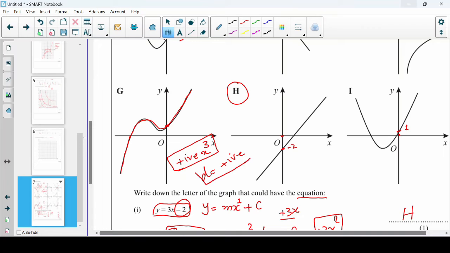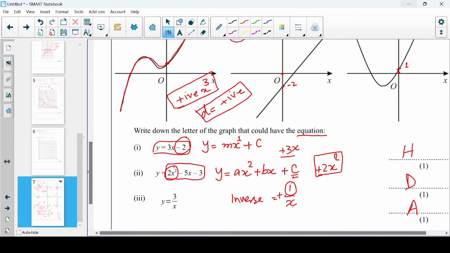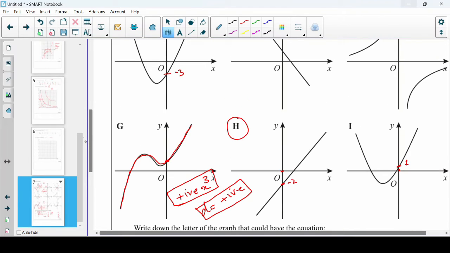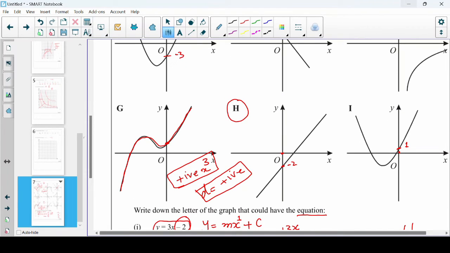These should be indications for you to judge the equation. If it was a negative x cubed, then the graph would be like this. And if the y-intercept was also negative, then it would have crossed the y-axis here, like this.